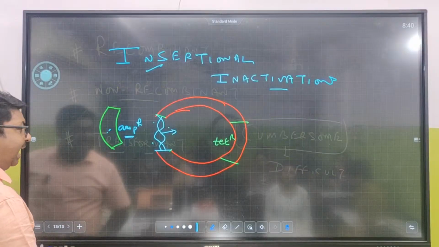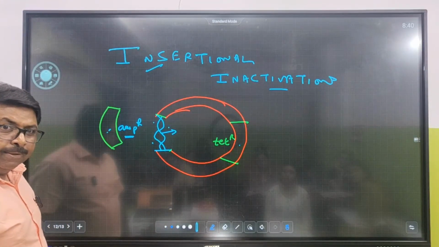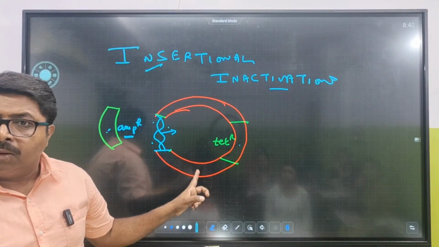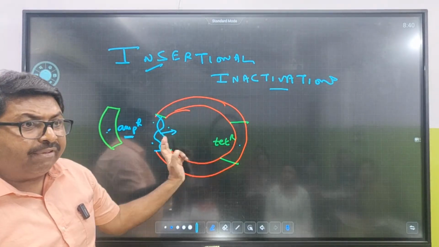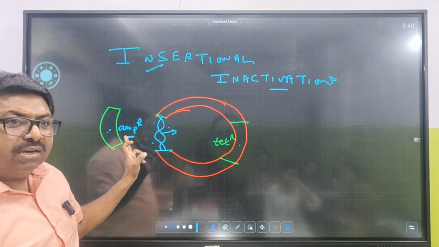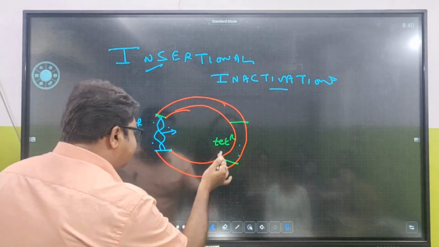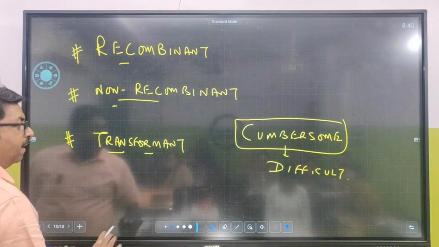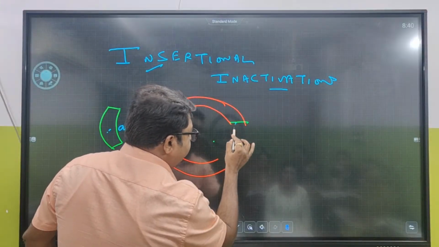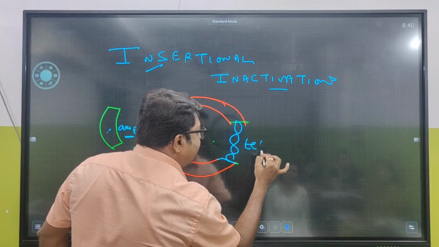Now, what do you want? You want the vitamin A forming DNA to get inside the tetracycline resistance site. So it's a transformant. But you want what kind of transformant? Having both genes of interest inside, one in the ampicillin resistant site and one in the tetracycline resistant site.